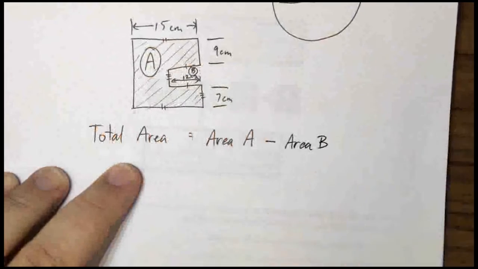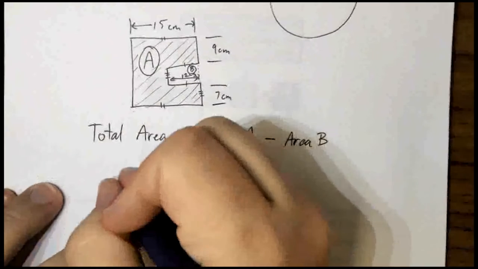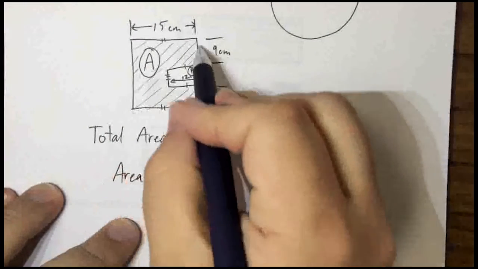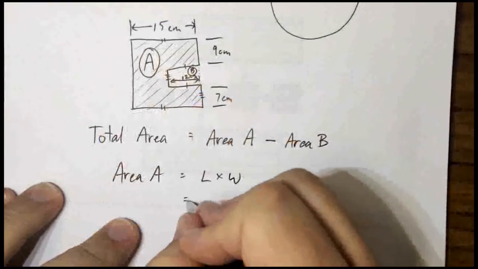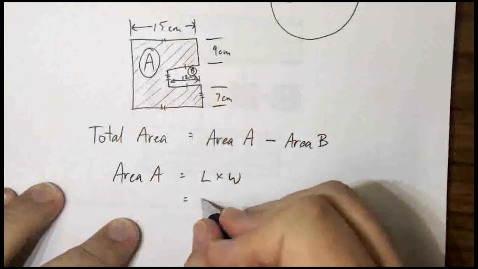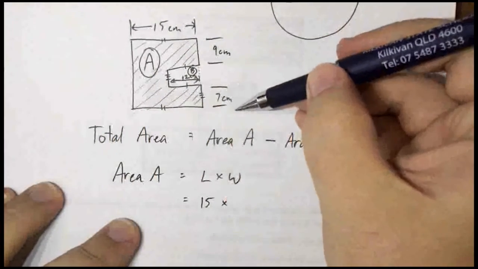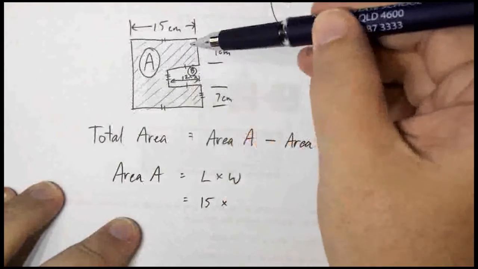So now all I got to do is a couple of very easy equations. I need to work out what the area of A is. I know that the formula for finding the area of a rectangle is length times width. I know that my length here is 15 multiplied by, well, now we have to do a little bit of thinking. We don't have this side, but we know that it's the same length as this side.